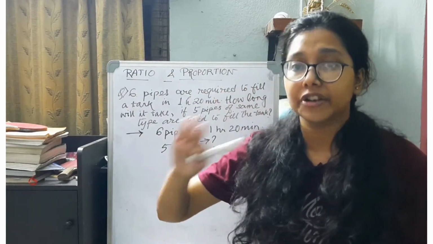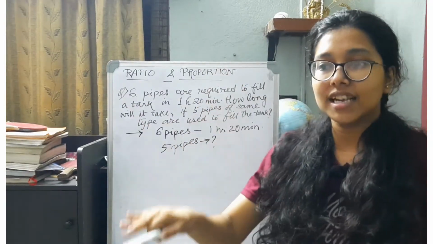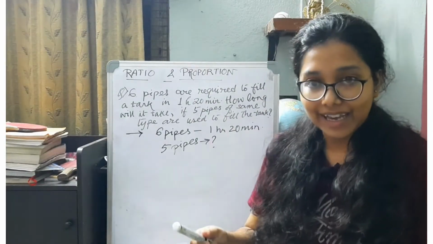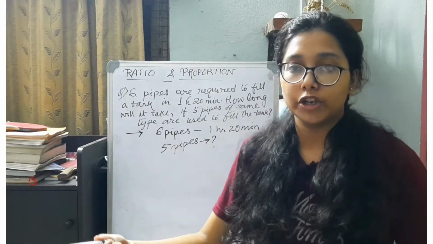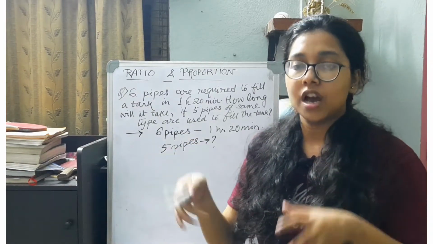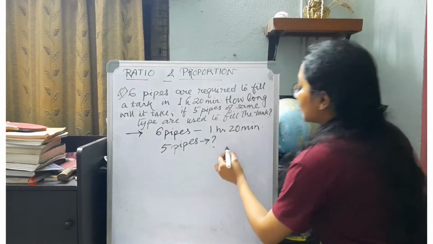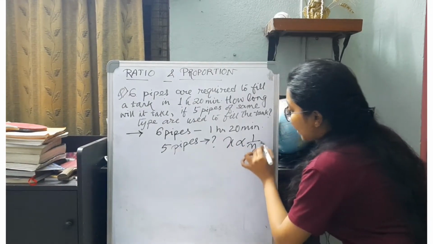The moment you decrease the number of pipes, more volume of water they need to supply. And as a result, due to the supply of more volume from these 5 pipes each, the time taken will be more.